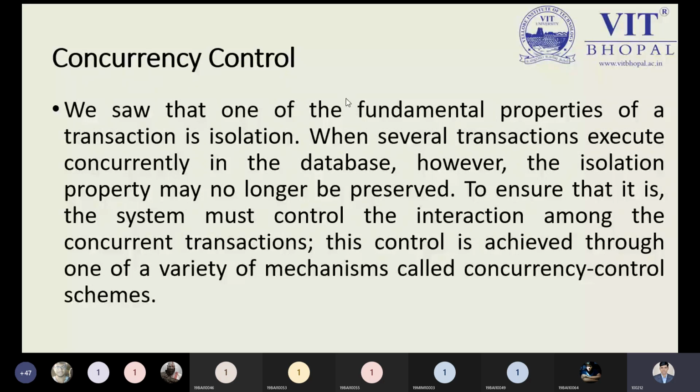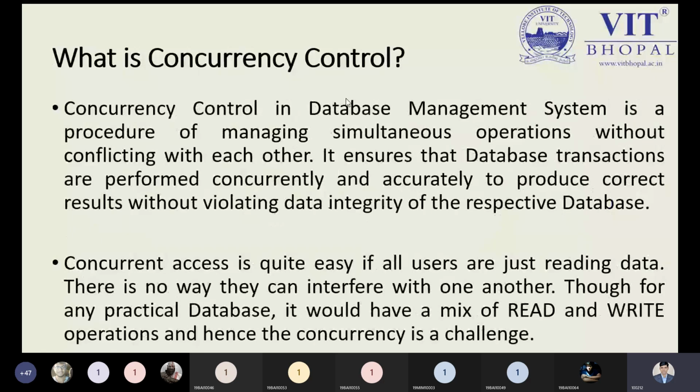So we will see this concurrency control, and this part we have already studied in class. What is concurrency control? The point you need to keep in mind is that concurrency control is basically a very simple concept. When talking about the user's information, the user can read and write data items.